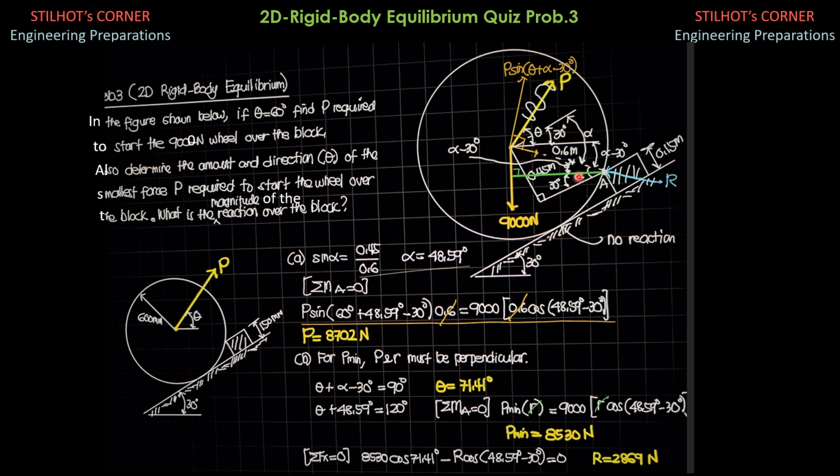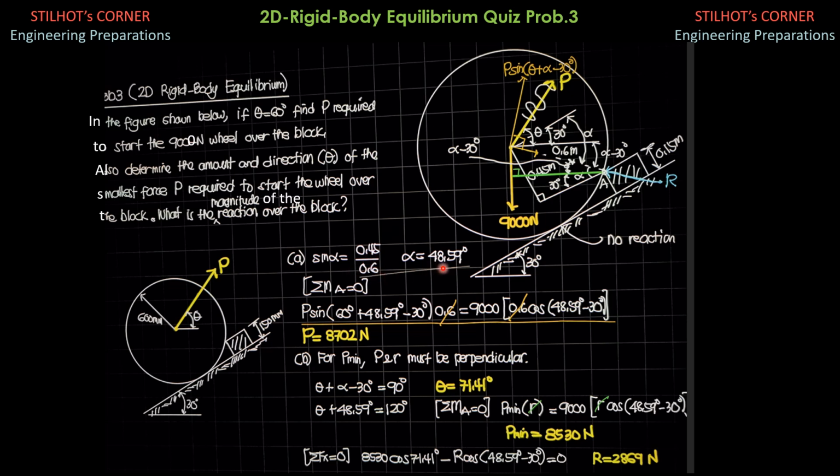Then we can form this right triangle because this is 0.15 meter and the radius of the wheel is 0.6 meter. So that means this is 0.45 meter parallel to this edge here, and hypotenuse is 0.6, so sine of this alpha is opposite 0.45. By the way, 0.45 meter is radius of the wheel minus 0.15. So sine of alpha is 0.45 over 0.6.